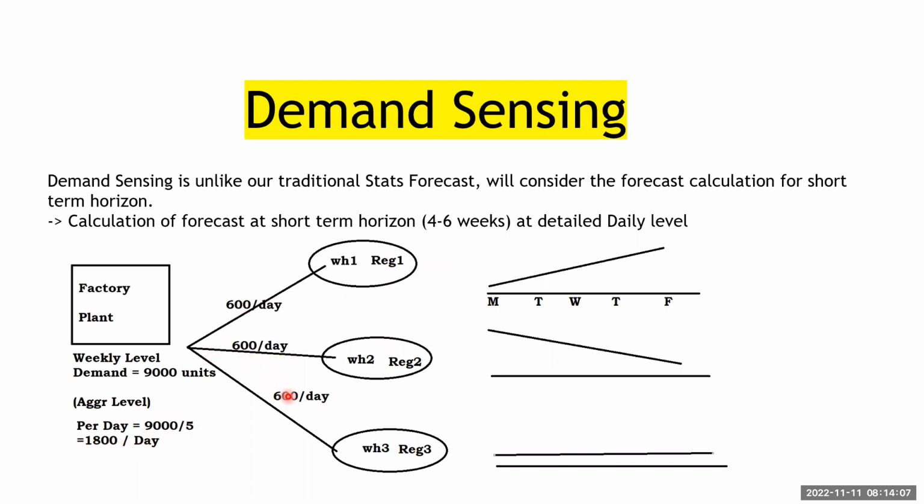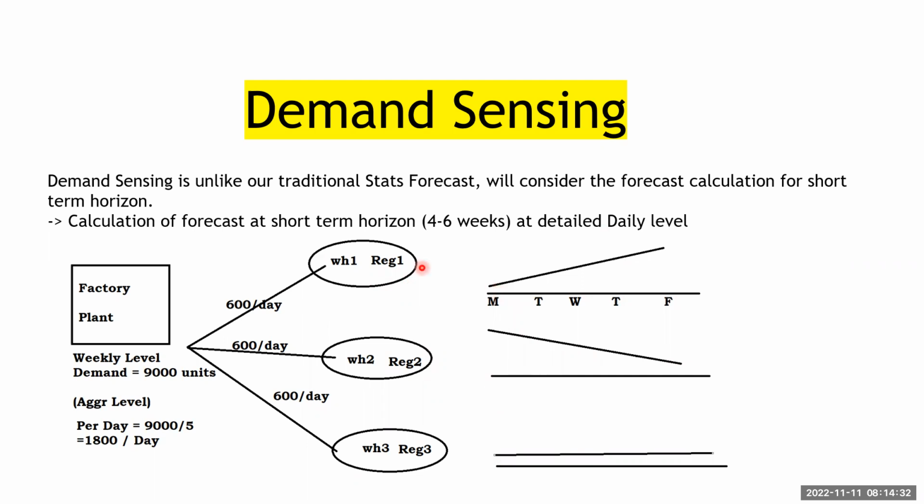So let's say that this demand is segregated 600, 600, 600, right? 1,800 we just segregated. Now the behavior could be different when we talk about the day-wise schedule of the demand of each region. For example, this is Monday, Tuesday, Wednesday, Thursday, and Friday, all 5 days.